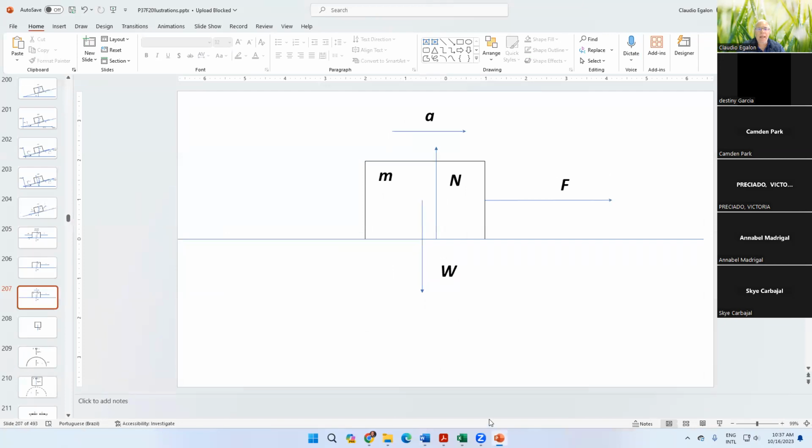So here's the free body diagram. Don't forget to put the acceleration there, right?